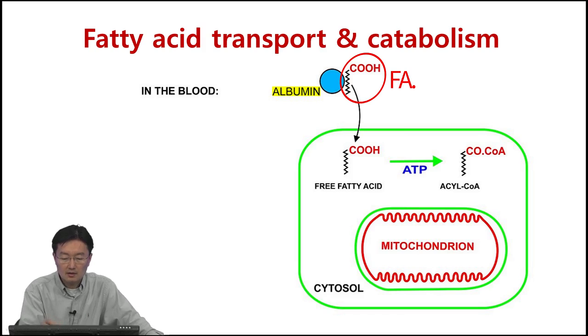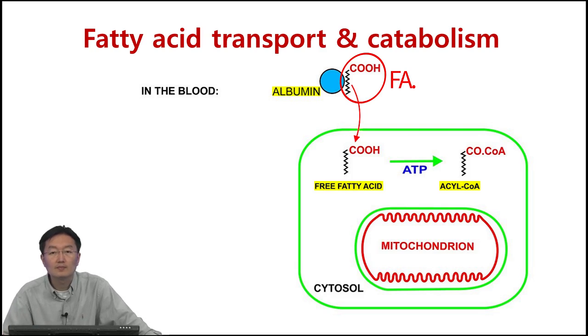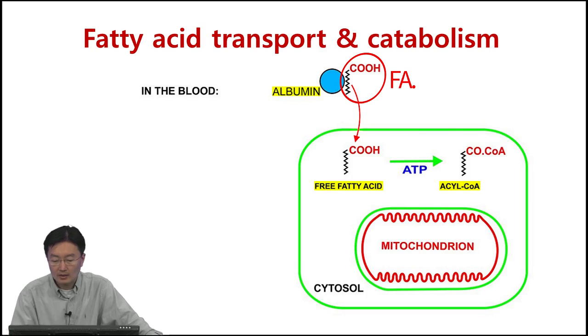The fatty acid can get into the cytoplasm of target cells through transporters. There should be fatty acid transporters. And the free fatty acid is activated and transformed into acetyl-CoA. That acetyl-CoA is used for energy production. And the mitochondria is the key organelle for this process, like the carbohydrate oxidation pathway.